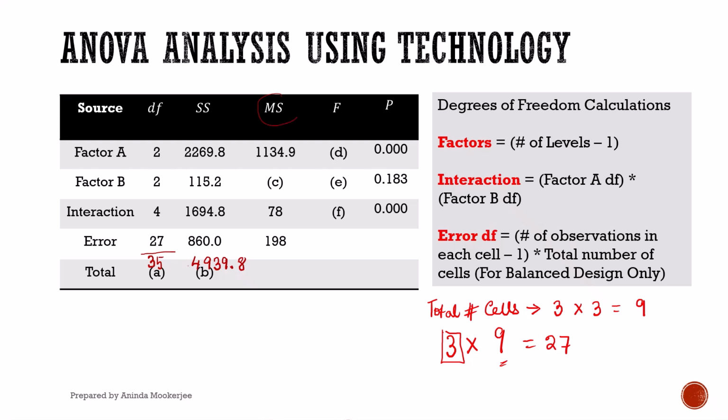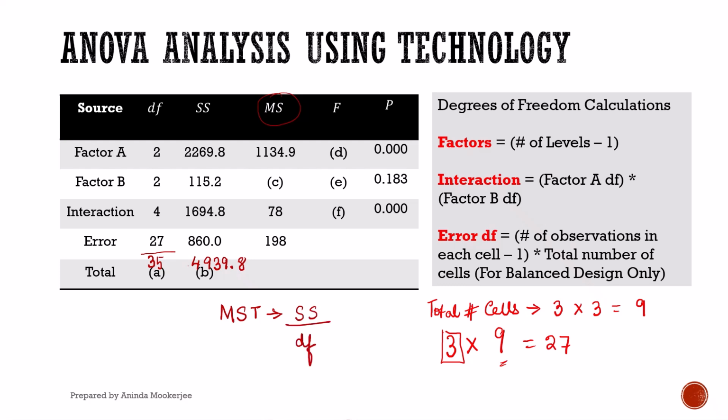All right. Next, we have to fill in the value for C, and that's MS, correct? That's MS here. So we have to find the MST for factor B. What is the formula for MS? It's SS. So let's write that down here. For MST, for the factors, it's going to be SS divided by the corresponding DF value.